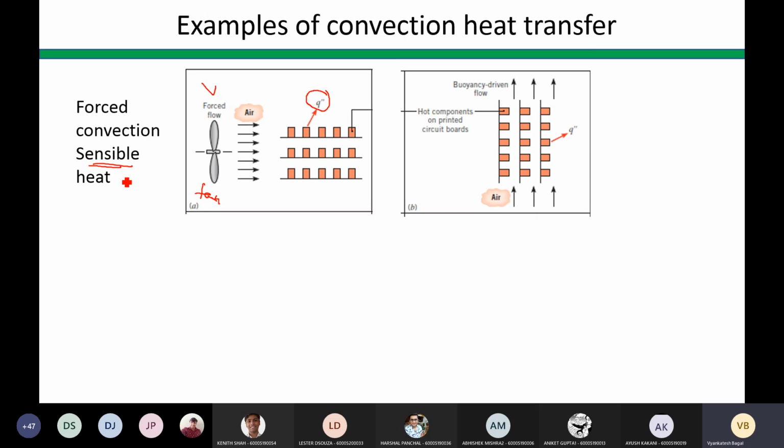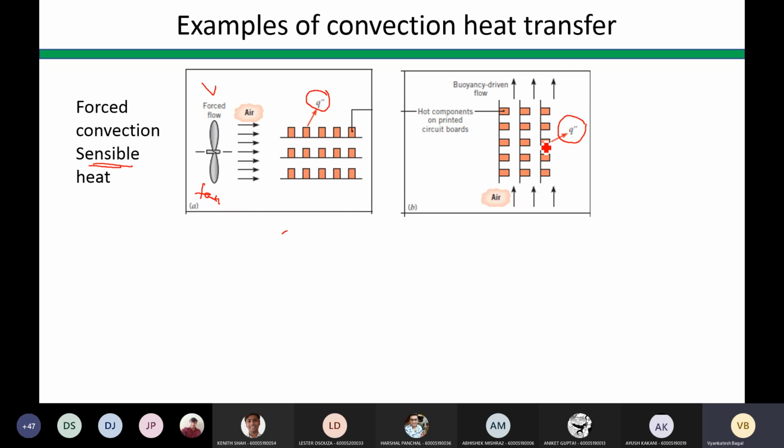The second example: the same PCB board is there, but now the orientation is changed, so it is made vertical. This time the fan is not there, and the surrounding air comes in contact with this board, and still there is convection heat transfer, Q double dot.